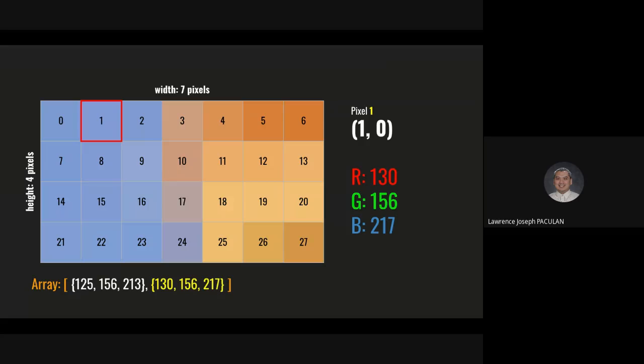So without even seeing the actual color, we can get this information already. Okay? So we'll go to each pixel, but of course, to shorten the lecture, we'll go directly to pixel 6.